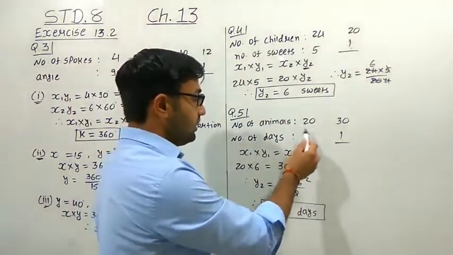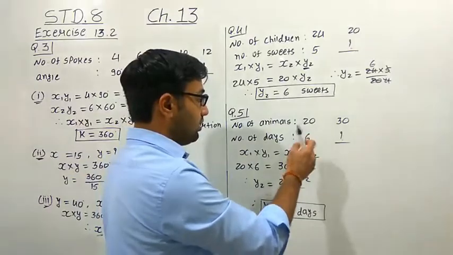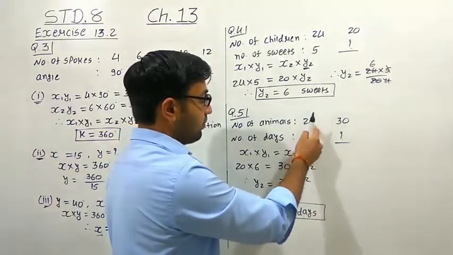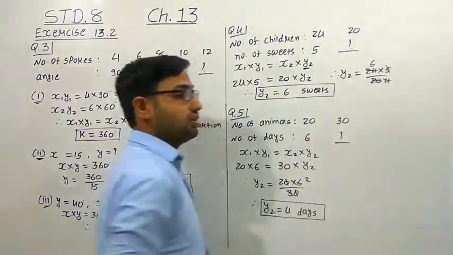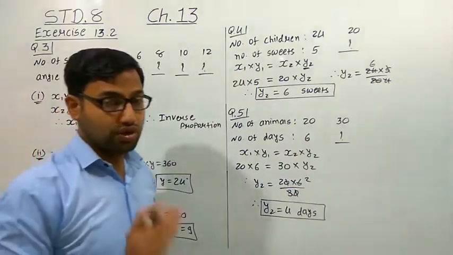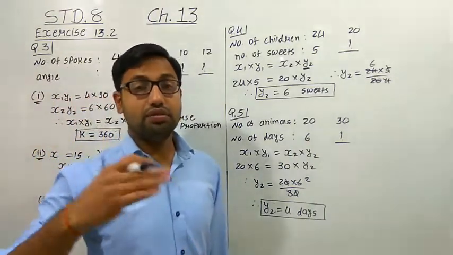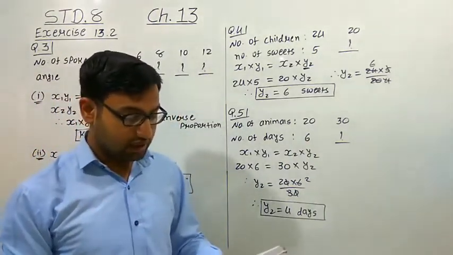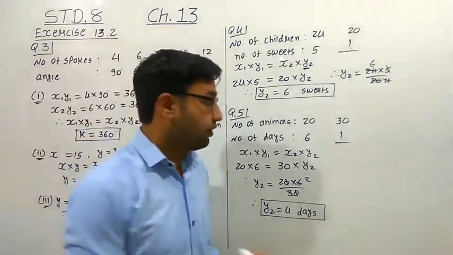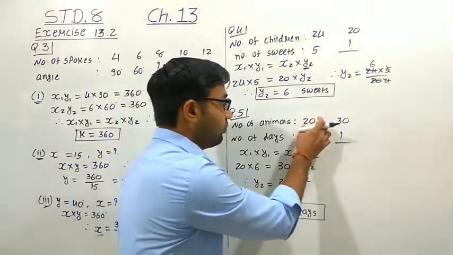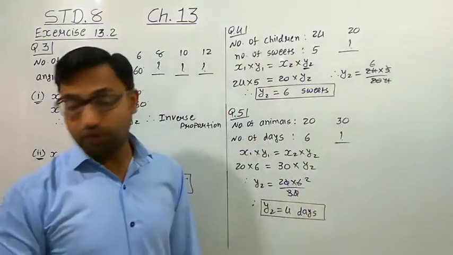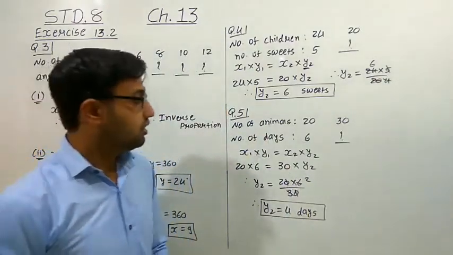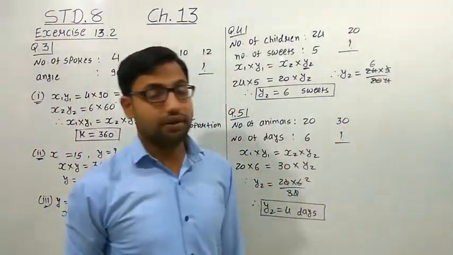And increase means we have to add whatever number is given. Here it is given that 10 more animals, so we add 10 to the original animals. So 20 plus 10 we get 30.